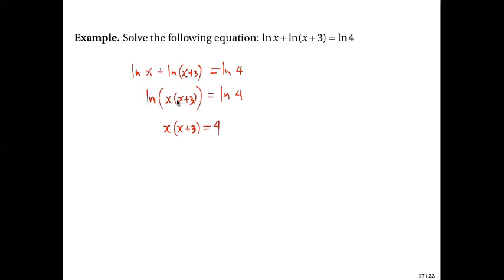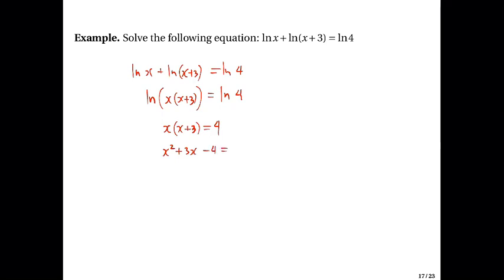So ln of x times x plus 3 equals ln of 4. Therefore, x times x plus 3 must be equal to 4. And then you just solve this. This is just an ordinary quadratic equation. So you will have x squared plus 3x on the left-hand side. Let us put 4 to this side. So we will have minus 4.